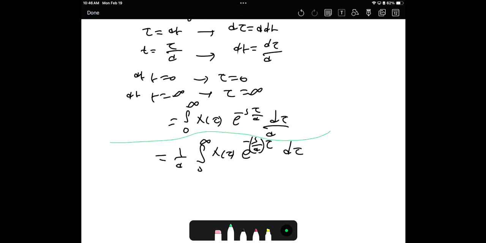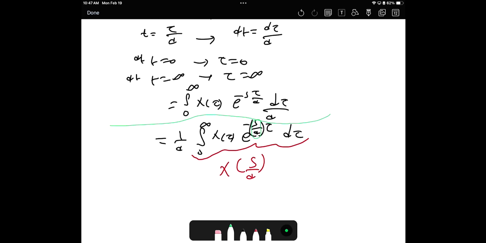Okay, so how can we calculate this? Basically, by looking at this form, this is equivalent to x, but not x of s, it's x of s over a. Why x of s over a, not x of s? Because of this variable, s over a, in the middle.